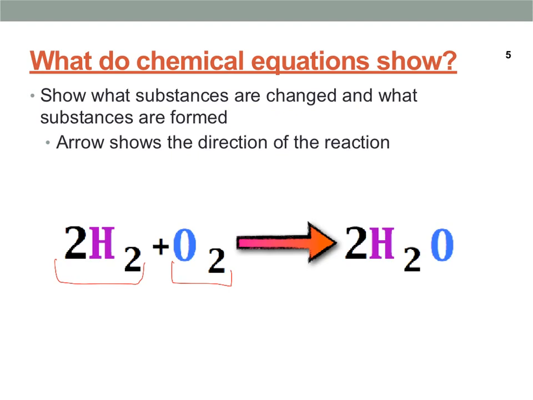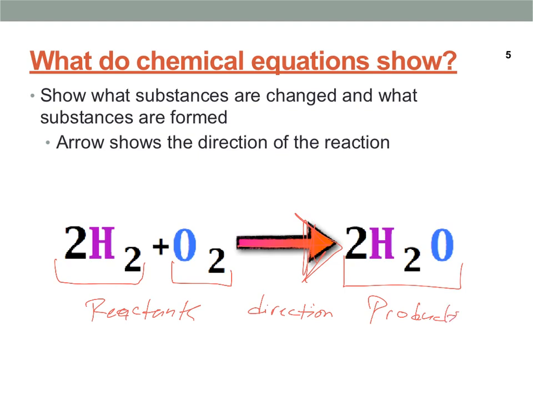So these are the reactants. They're combined because they're producing water on this side. So again, reactants over here. This is the direction of the reaction, and over here is the product.